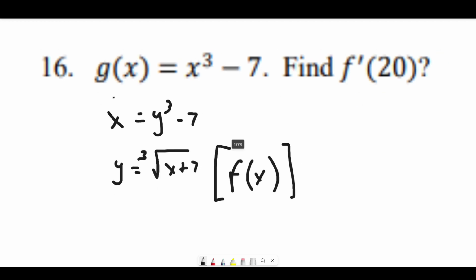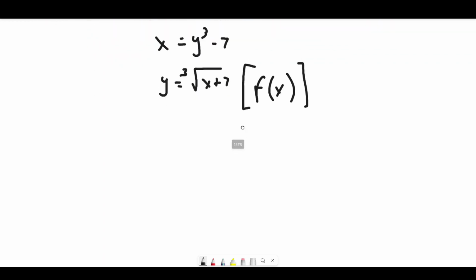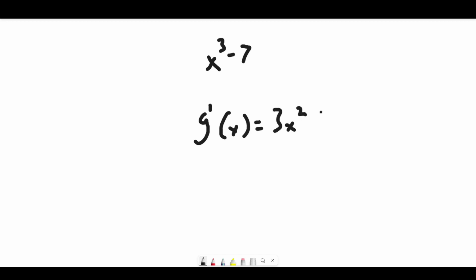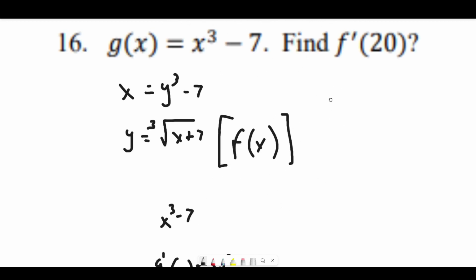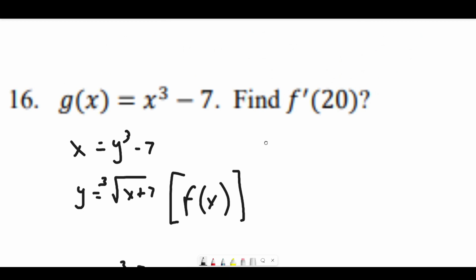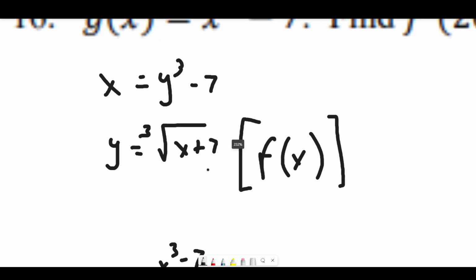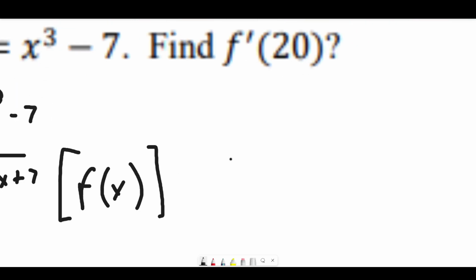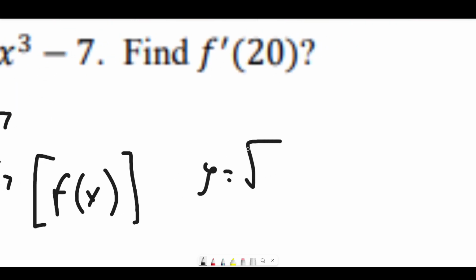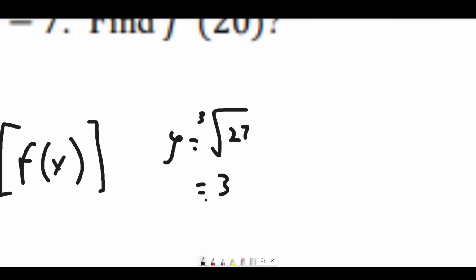Now I'm going to find the derivative of g of x. Let's do that over here. So the equation was x cubed minus 7. So g prime of x equals 3x squared. That's it. So now it wants us to find f prime of 20. So we're going to plug 20 into this equation. So y equals cube root of 27, which equals 3.